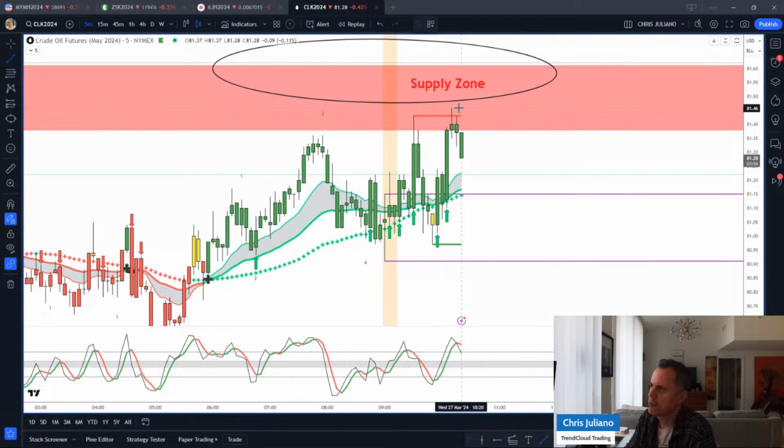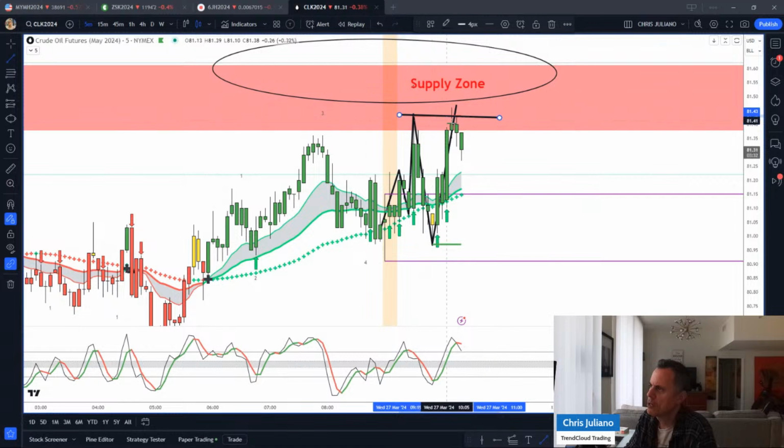This went higher, right? We broke structure here. So look what's happening here. We're climbing still. Pulls into TrendCloud, impulse up. Pulls back deep. Doesn't break structure here. New structure breaks above structure, right?